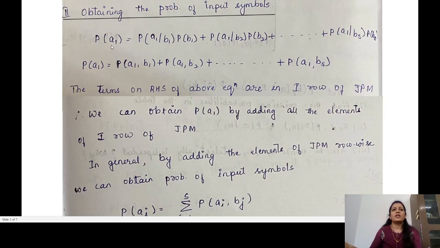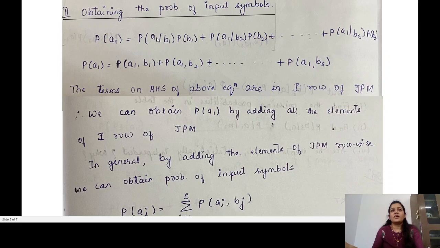Now P of A1 can be written as the conditional probability multiplied with P of B1, right? That is the probability of sending A1 when B1 was received, and the receiver says that it has received B1. Similarly, I have considered all possibilities of B's, that is output symbols, corresponding to a single input symbol A1 because I am interested in the probability of A1 only.